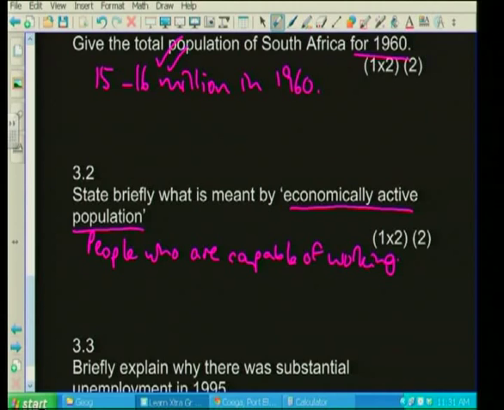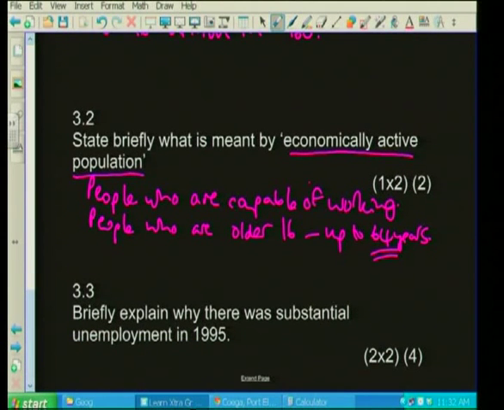In other words, people between the ages of 16, they're older than 16, up to 64 years of age. Because remember, in South Africa, it's legal for everyone to go on to pension or to retire when you hit the age of 64. So there, for 2 marks, you need to say all of that.